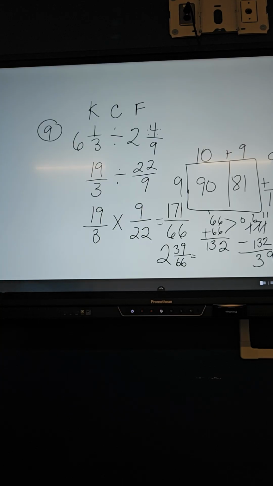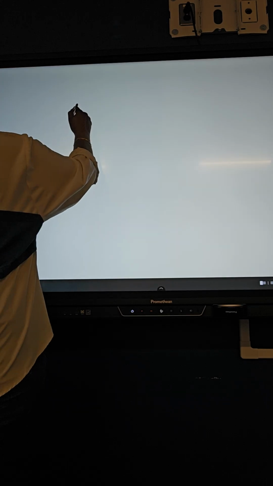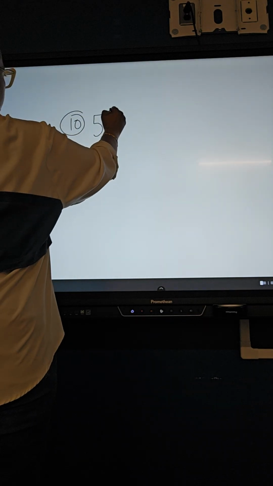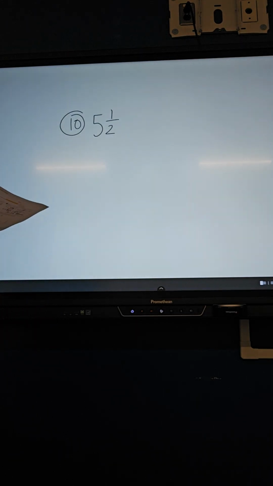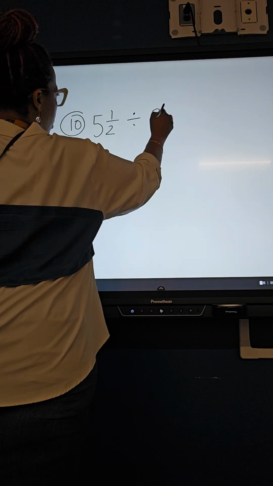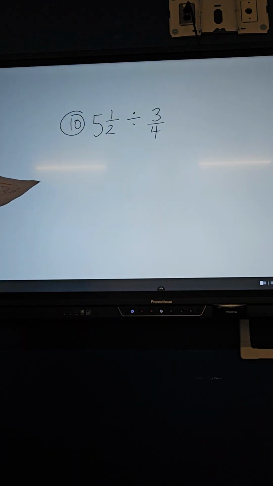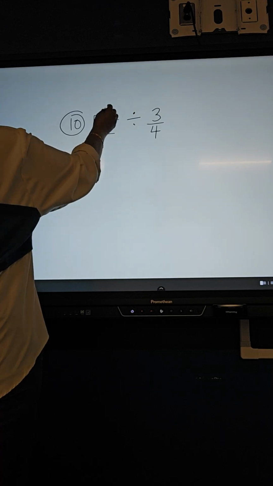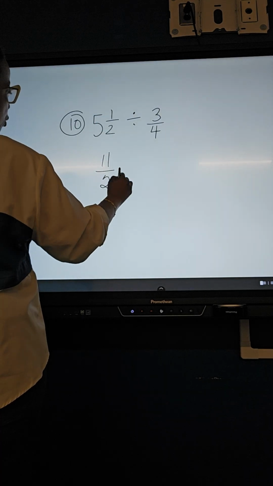Okay? All right, and finally, number 10, we're there, we're making it. Number 10, Kirsten has 5.5 feet of wood. This is what she starts with. And it says she's created a sculpture, needs to divide, there's your key word, the wood into 3/4 foot pieces. So I'm dividing this into 3/4 foot pieces. How many pieces can she cut from the wood? Change, 2 times 5 is 10 plus 1, 11 over 2.